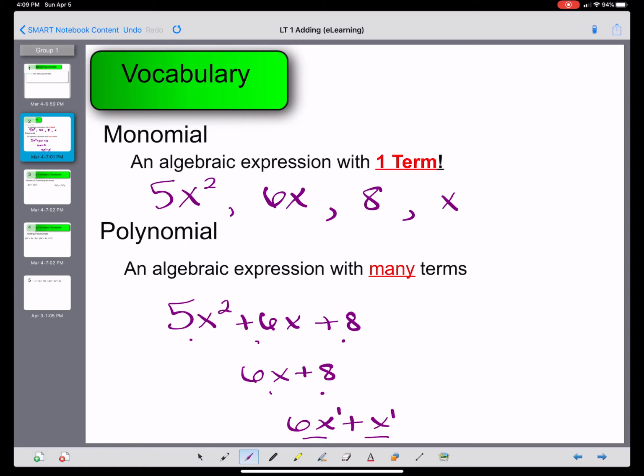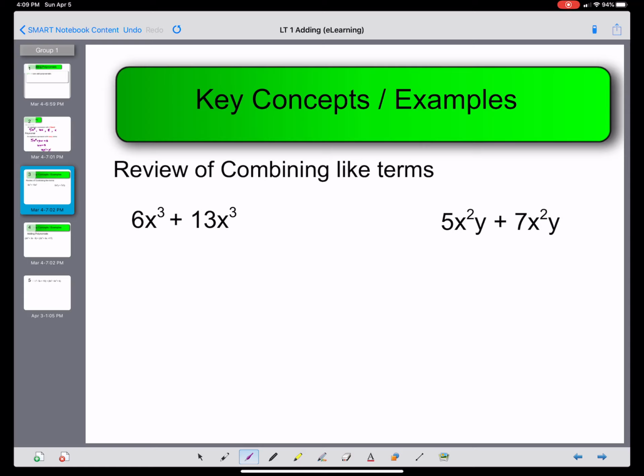So if we move on to combining like terms, if we take a look at this piece right here, I have 6x to the third power plus 13x to the third power. These are like terms because both of them have x to the third power. When we combine like terms, we are just adding the coefficients.